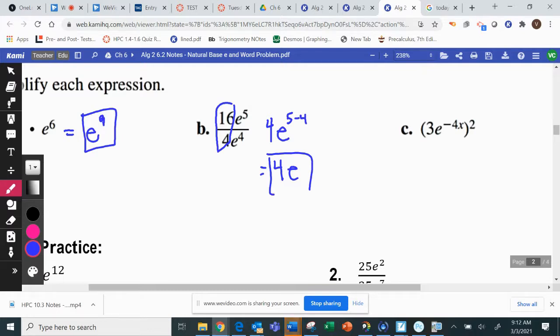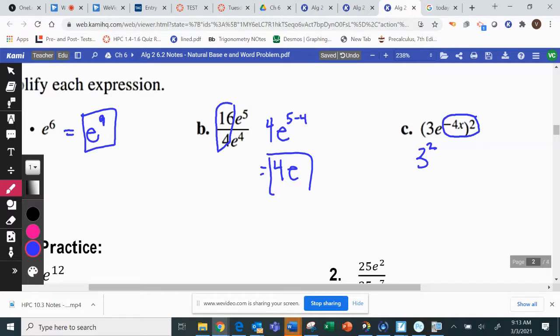Question C. If we're doing a power of a product, remember everything in here is going to get squared. So I'll have 3 squared. And then when I square this, what do I do to the exponents? Starts with an M. Ends in a Y. Multiply, thank you.